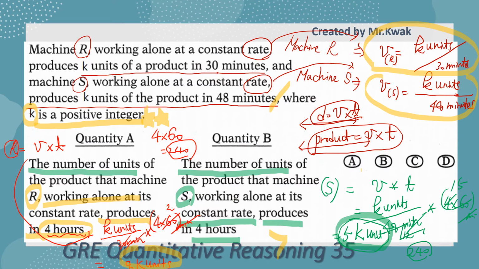Choice A means quantity A is larger than B. So A is correct, B is incorrect, C is also incorrect because C means quantity A is the same as quantity B. D is also incorrect because D means we cannot figure out the correct answer from the given sentences. So A is the correct answer.